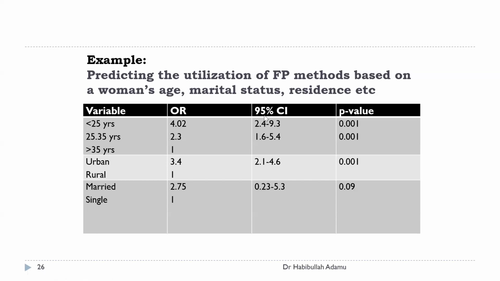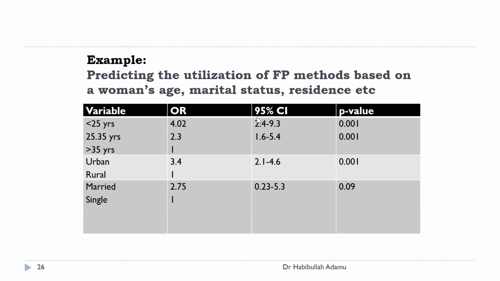Then the second thing to look at, there is what is called null value. Null value is the value that you conclude there is no association. So the null value for odds ratio is 1, because we said the interpretation of odds ratio of 1 is what? No association. So you look at this range also, this 2.4 to 9.3. Does it include 1?